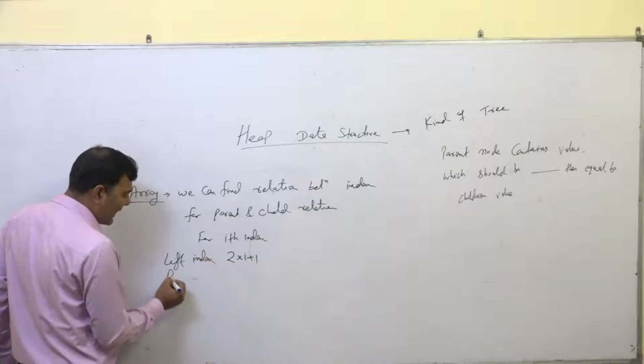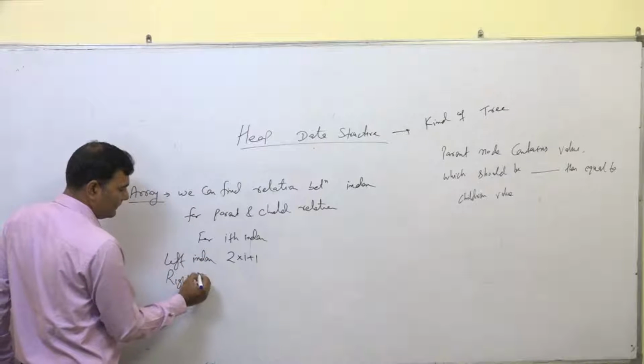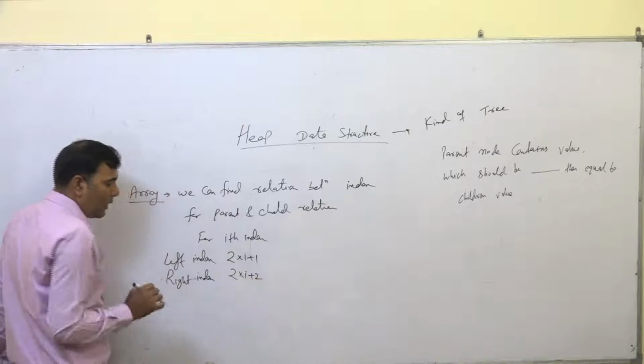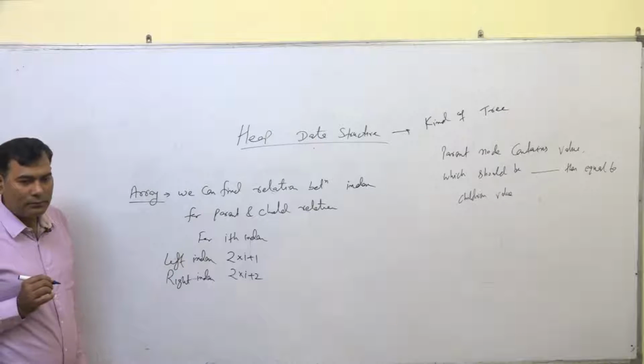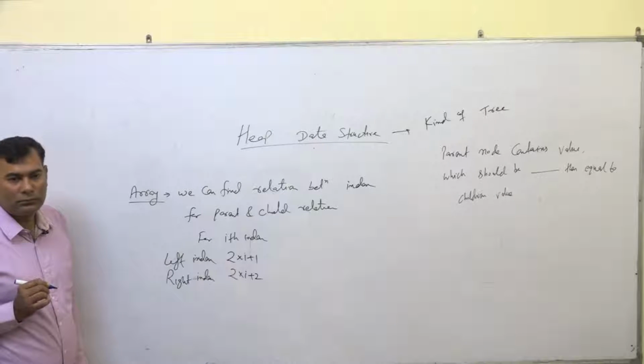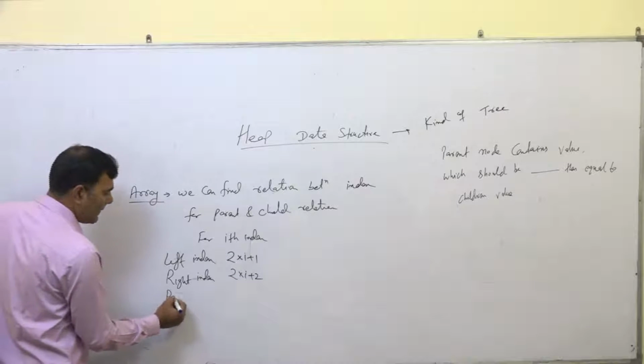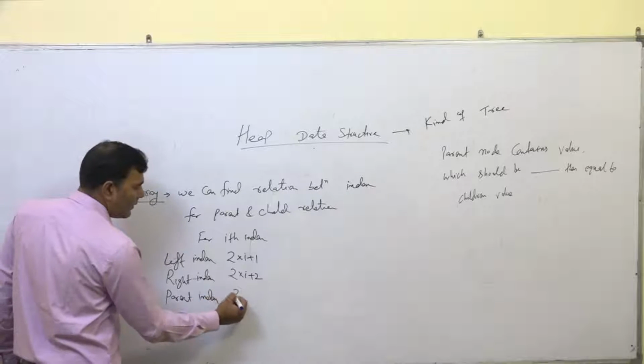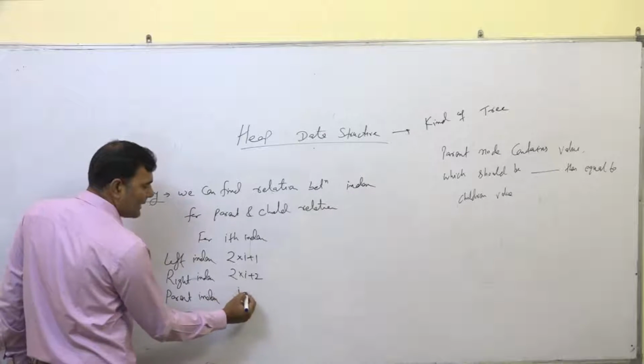What about the right index? 2 into i plus 2. What about the parent index? Parent index at i minus 1 by 2.